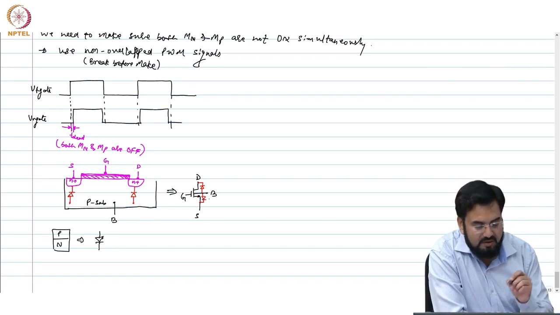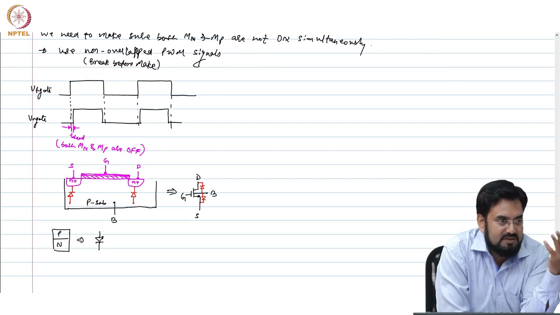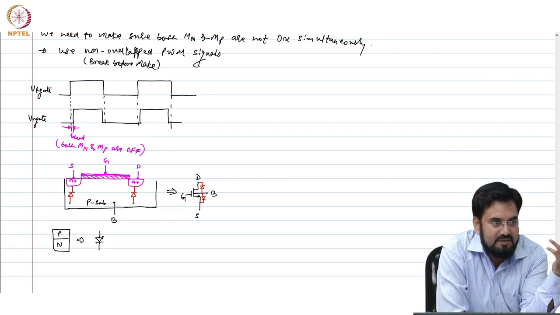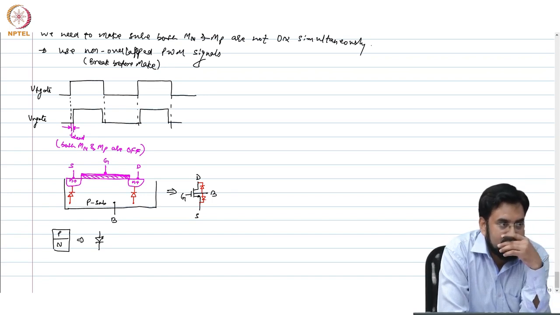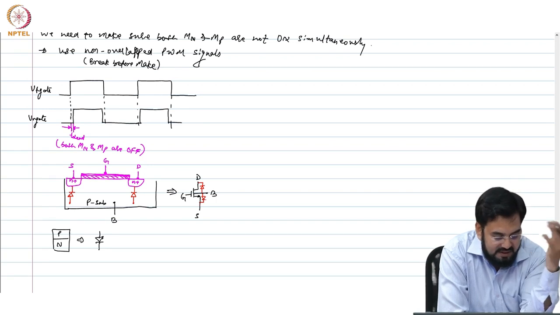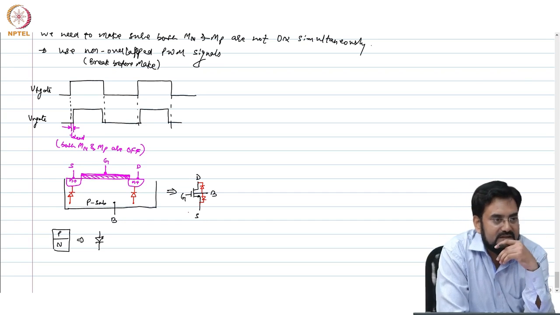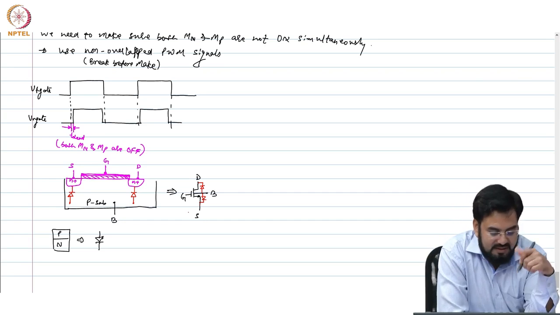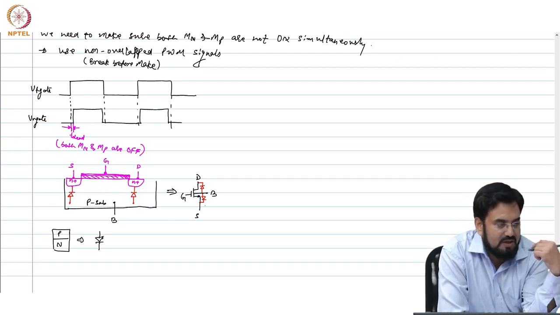So this is called body diode actually, and in most of the cases the body is tied, for NMOS, to the lowest voltage because the body is P type and you don't want to forward bias the diodes, and for PMOS it's tied to the highest voltage because body is N type there, and source and drain diffusions are P type. So if you connect to the ground, the bottom diode will go away. Okay, the diode between bulk and source will go away if you short bulk to the ground and source is also grounded.